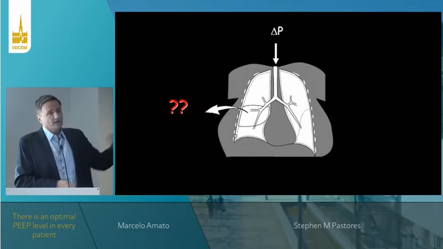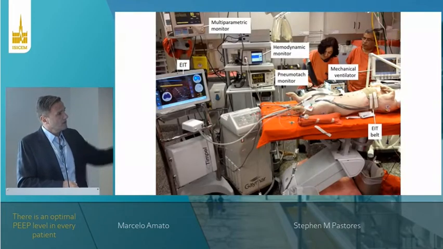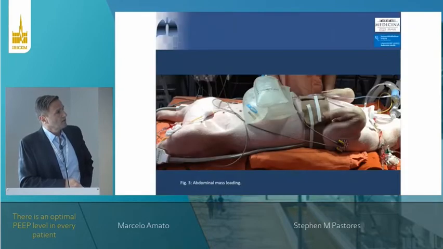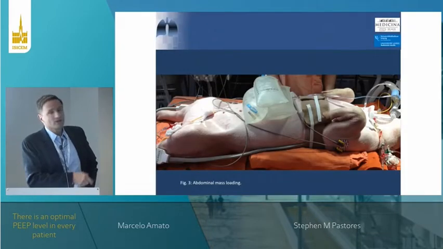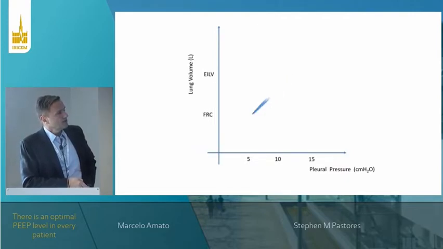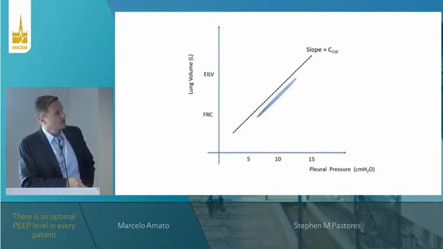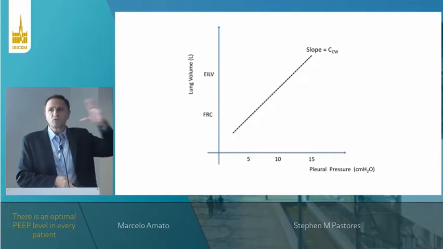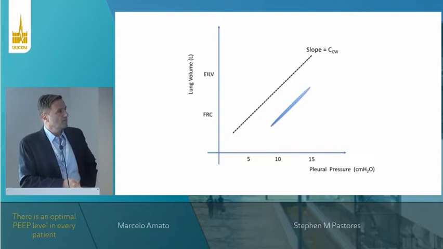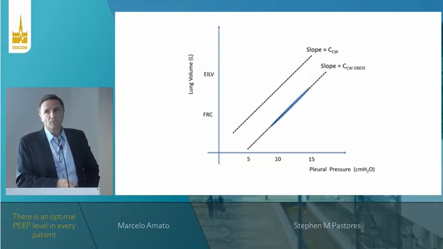We have explained that when we have obese patients, and we did these experiments in animals many times, by just putting some weights on top of the abdominal cavity, we realize that chest wall compliance doesn't change. It just suffers a shift to the right, which means that those principles apply. I'm just shifting the curve to the right with the same chest wall compliance.